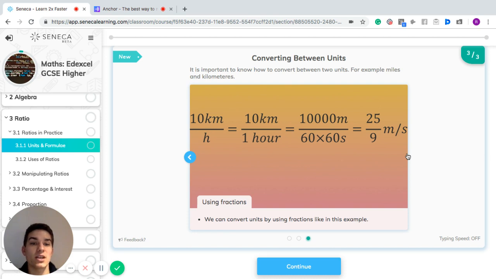And that will give us the answer in meters per second. So you can take kilometers per hour and convert that into meters per second by changing the units of the distance and the time. So in this example, 10 kilometers per hour, you can work out as 10,000 meters divided by 3,600 seconds, which is the same as 25/9 meters per second.